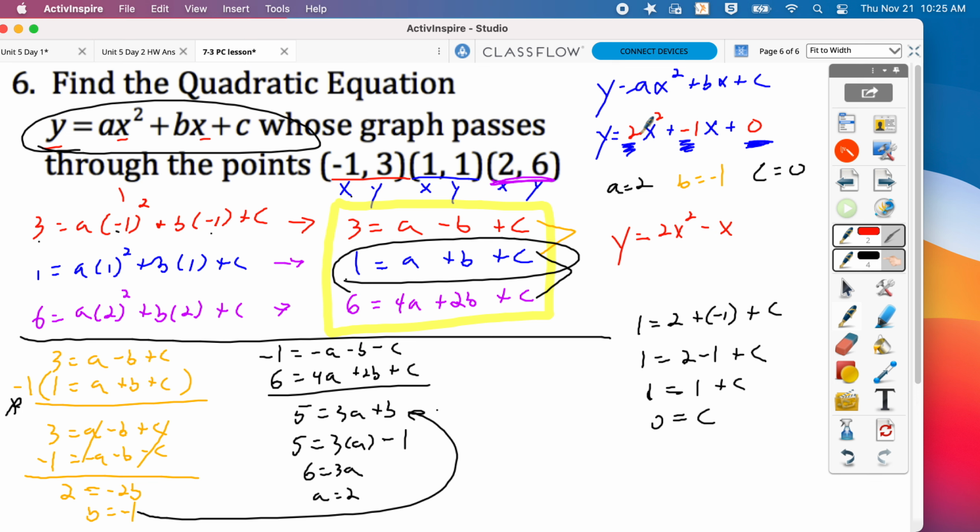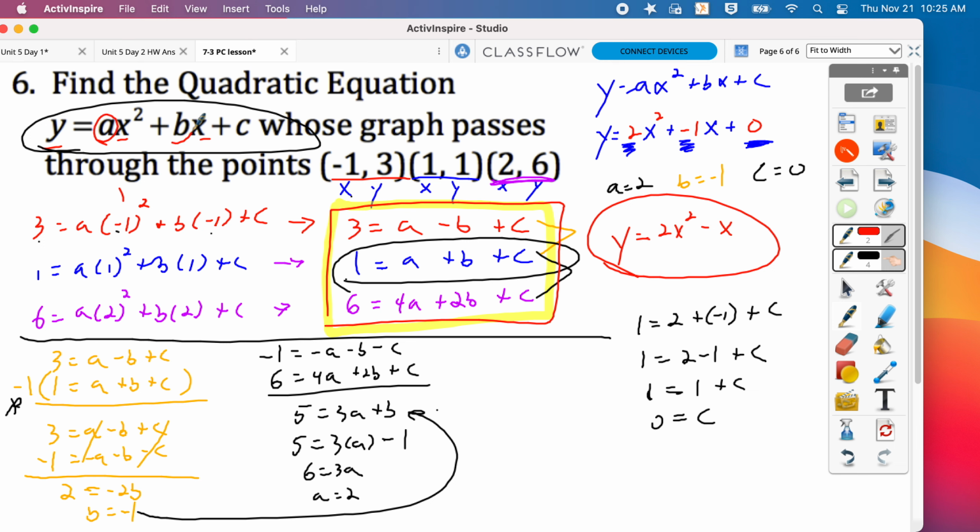I'm not going to write the 1, I'm not going to write the 0. And the quadratic equation that has these points is y equals 2x squared minus x. If I erased the problem and just gave you this, you would tell me that coordinate (2, -1, 0). But since they want the quadratic equation, we plug back those a values, the b value, and the c value into this equation, giving us what we really want.